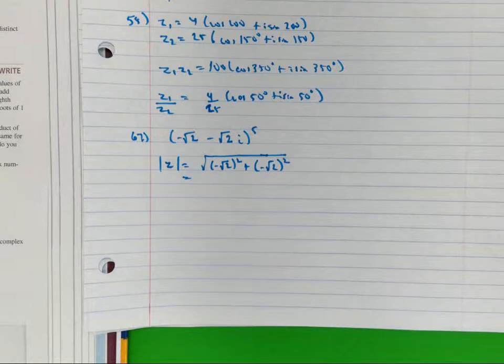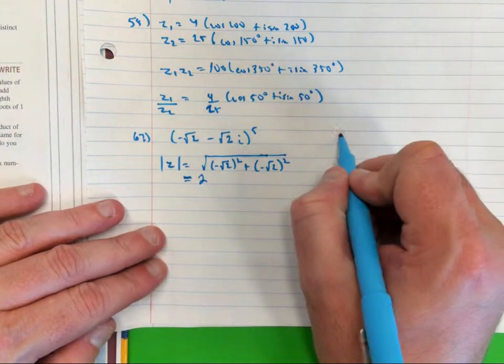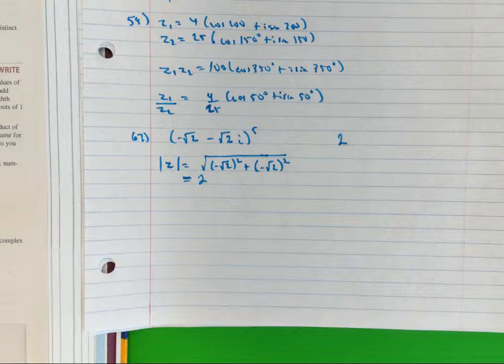What's square root of 4? 2. Yep. Now, go back to that complex number. If I was to graph that in the complex plane, what quadrant would that be in? 3. They're both negative, so it's in quad 3.